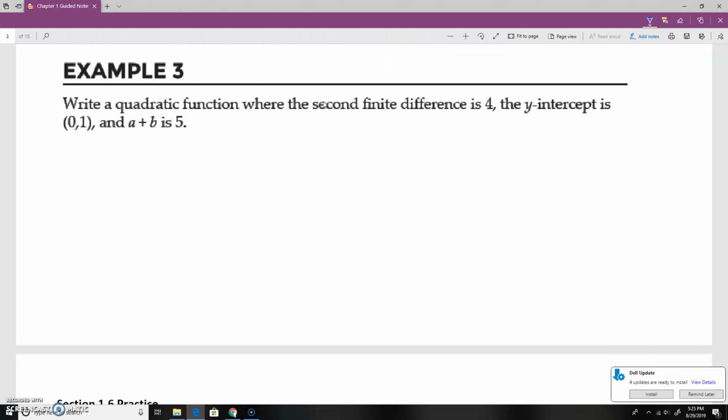If the second difference is 4, the y-intercept is (0, 1), and a plus b is 5. The second finite difference is equal to 2 times a. So if 2a is 4, divide both sides by 2, and a equals 2. Now it told me that a plus b is equal to 5, so 2 plus b is equal to 5.